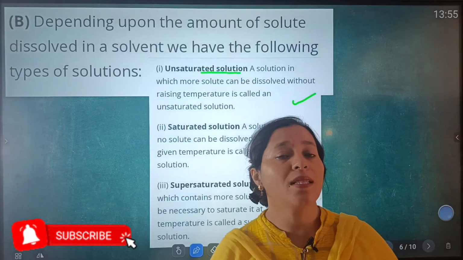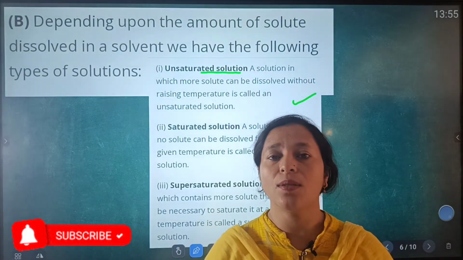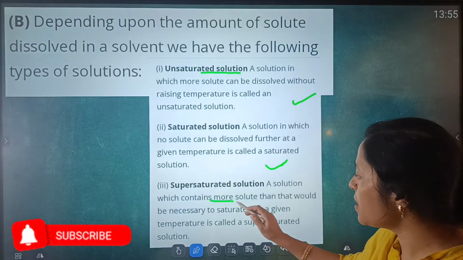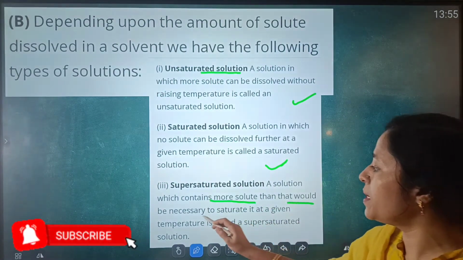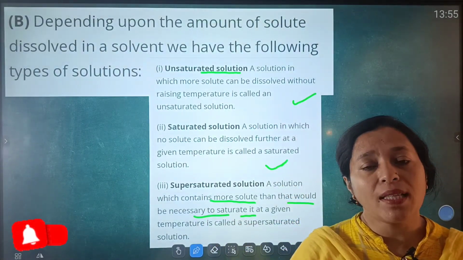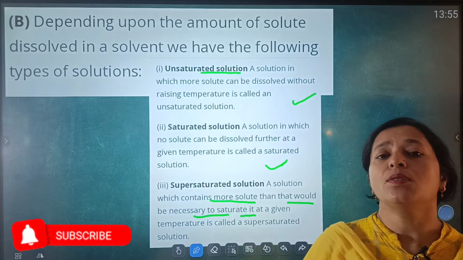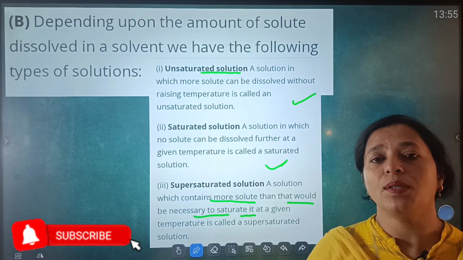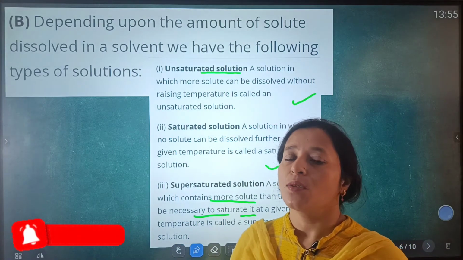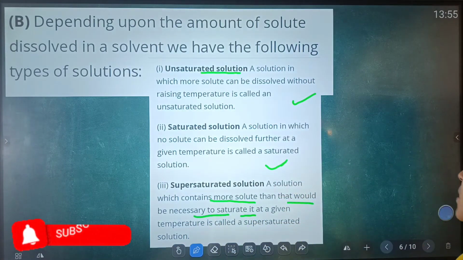Now the question arises, what is then a supersaturated solution? A supersaturated solution is a solution which contains more solute than would be necessary to saturate it. That is, you have increased the temperature of the solvent in order to dissolve more and more solute in it. Now the solution that you have got is a supersaturated solution.